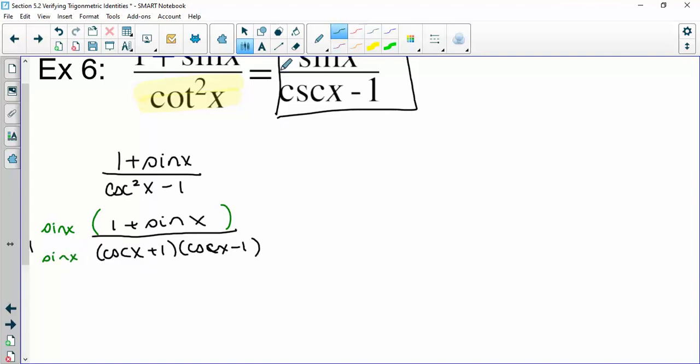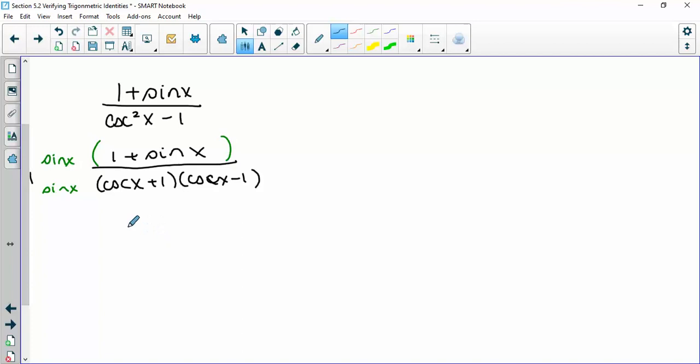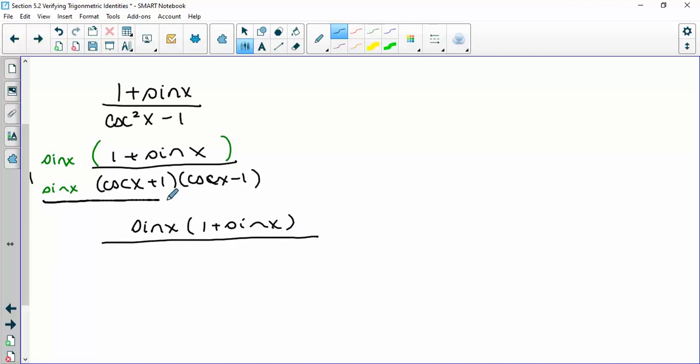On the top, I want my sine by itself, so I'm not going to distribute, because I need the 1 plus sine to cancel. On the bottom, you can multiply any two in any order. So if I multiply sine times cosecant, what would that give me? 1 plus sine, and then I have my cosecant minus 1.